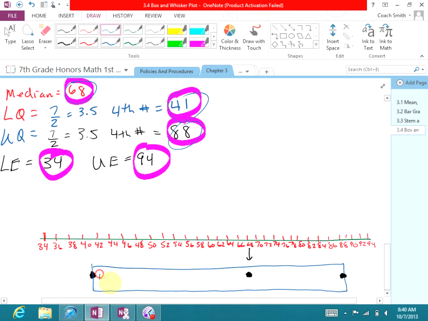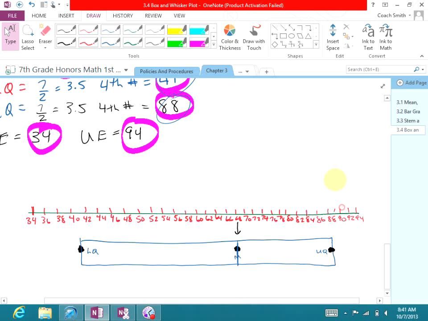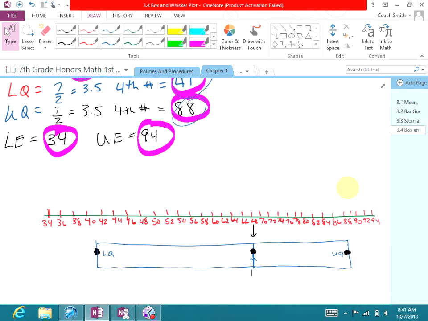Okay, this was the lower quartile, this was the upper quartile, and this was the median. So now I'm going to draw a line right through the middle of the median like that. Okay, so that's your box. Okay, you always want to put the numbers that are associated with the dots.